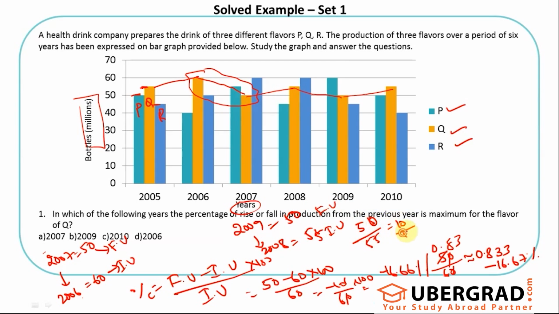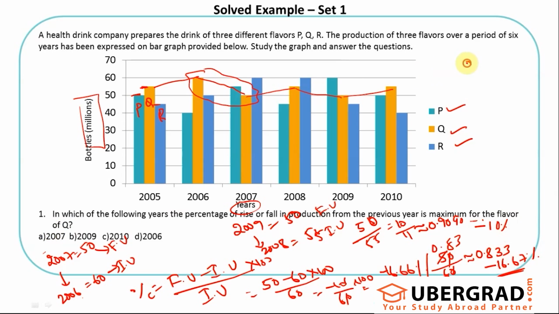So it will be 10 by 11, which comes to 0.9, basically 0.909 and so on. That means it saw a percentage change of about minus 10%. It's an approximation. I don't need to focus on it because I know 16.67 is more than that.